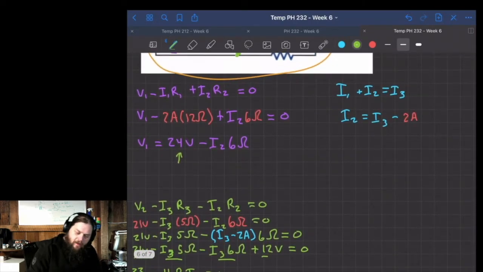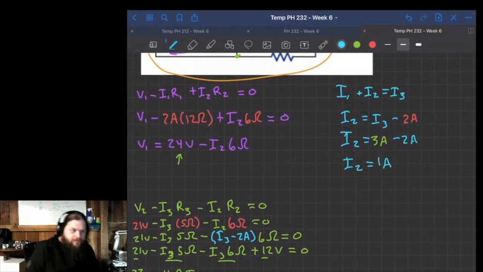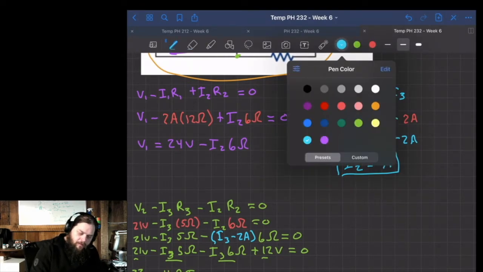So plugging in 3 amps here, I can say, up to the right that is, I2 is equal to our 3 amps minus 2 amps. So I can see that I2 is going to be equal to 1 amp. So now I have the current there. I can plug that value into this purple equation to solve for my voltage.